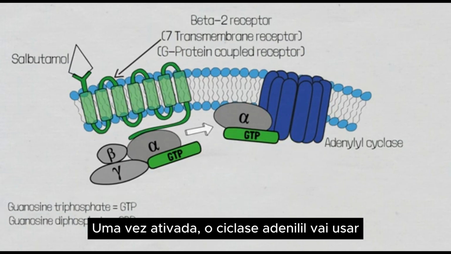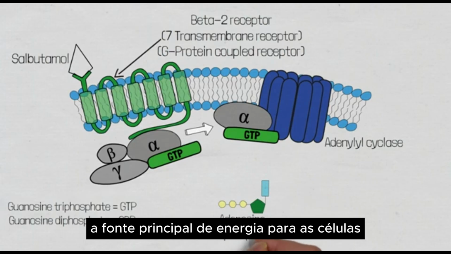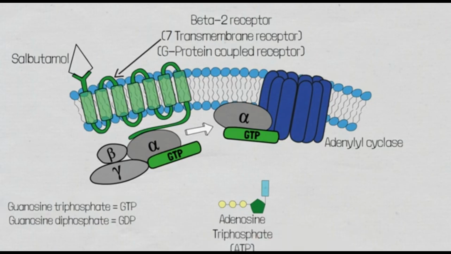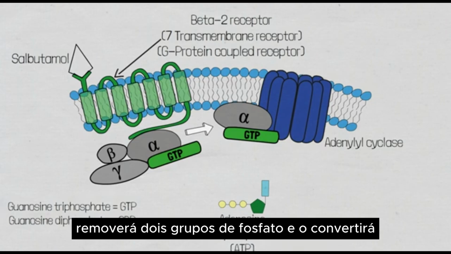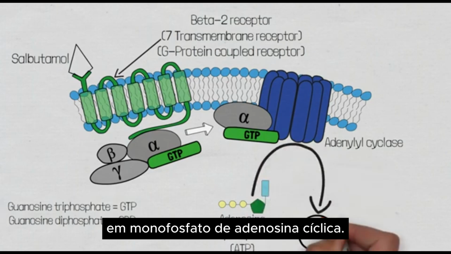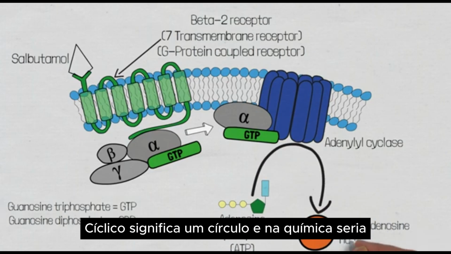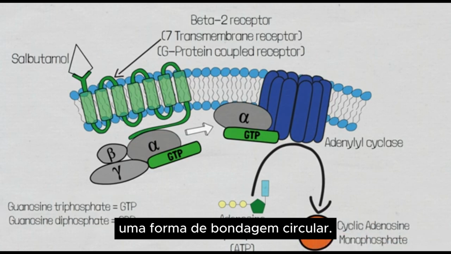Once activated, adenylyl cyclase will use adenosine triphosphate, otherwise known as ATP, which is the primary source of energy for cells. It will remove 2 phosphate groups and convert it into cyclic adenosine monophosphate. Cyclic means a circle, and in chemistry this would be one form of circular bonding.